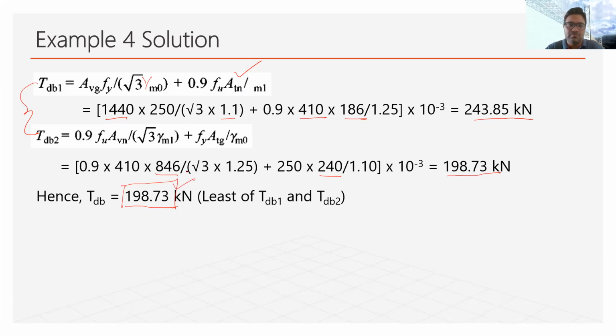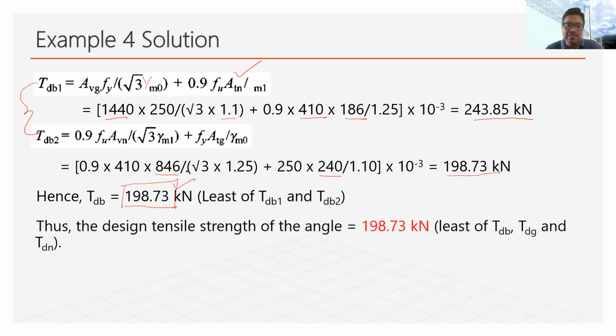Now the least of these 3 will be the design tensile strength, which is 198. You can see TDN we have calculated, it was around 229. TDG we have calculated, it was around 241, and now TDB is 198. So this is our strength of the angle section.